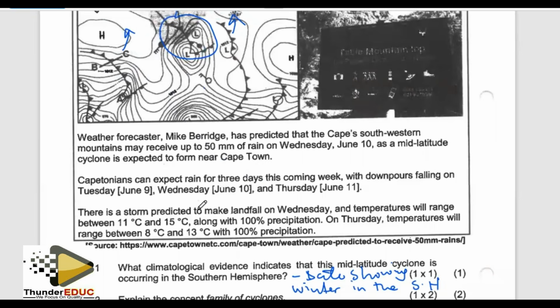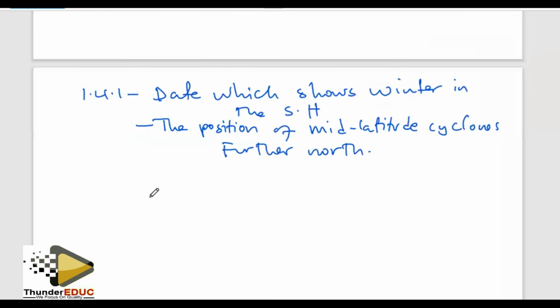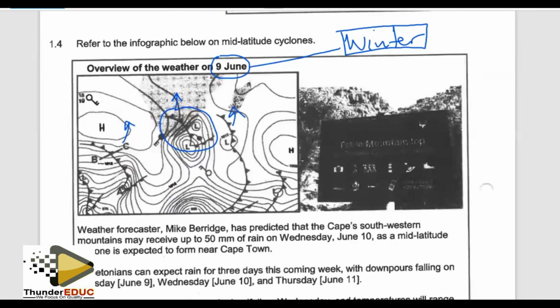Because we know that in the southern hemisphere, mid-latitude cyclones will be situated further northwards. So what other evidence can we give to prove that this is southern hemisphere?